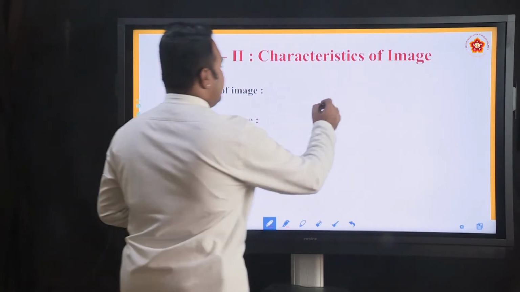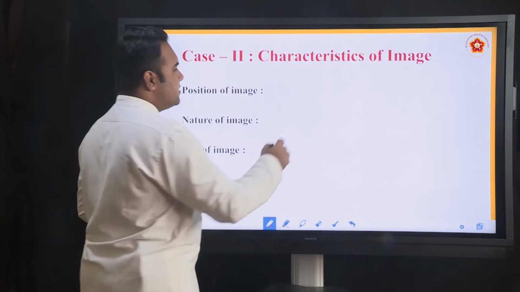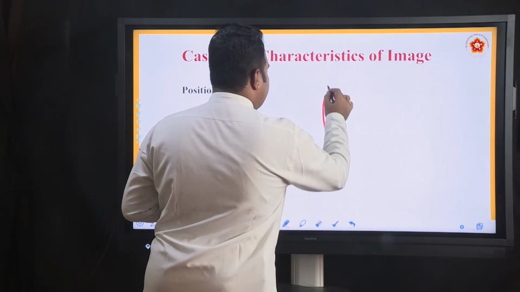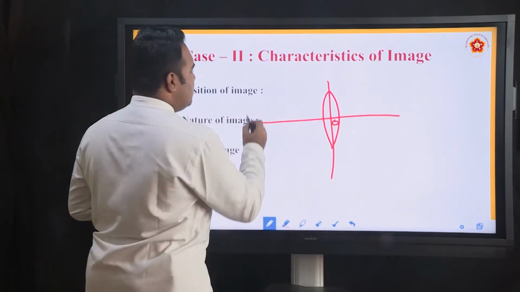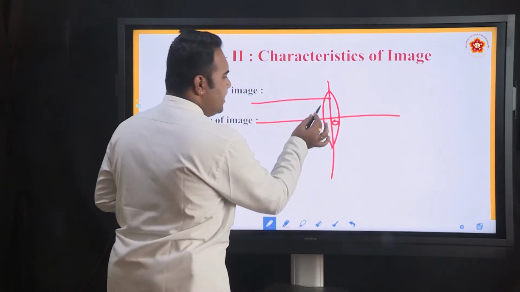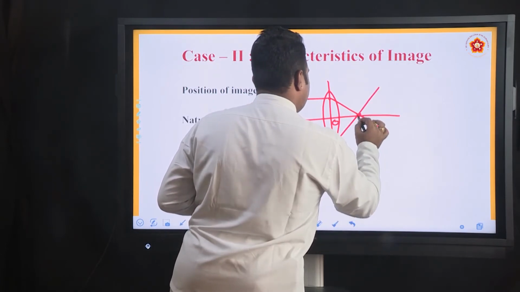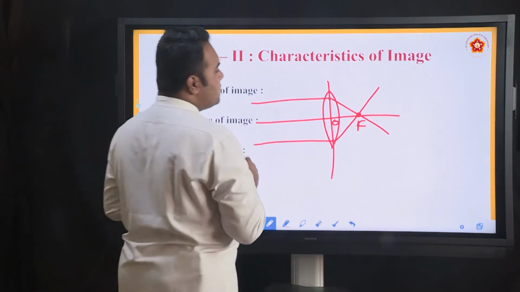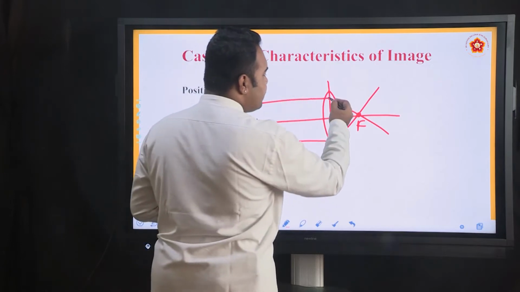You need to remember that image formation, drawing the ray diagrams for a convex lens or concave lens, is much easier because the optic center is situated exactly at this point. So a ray of light coming, from here itself we show the image formation. This point we call f, and 2f we can mark. But whereas in mirrors, what is happening? The ray of light that we are drawing hits the surface of the mirror.